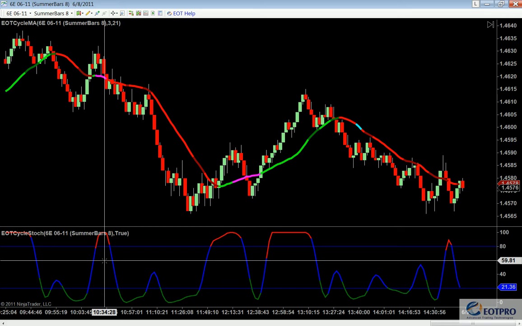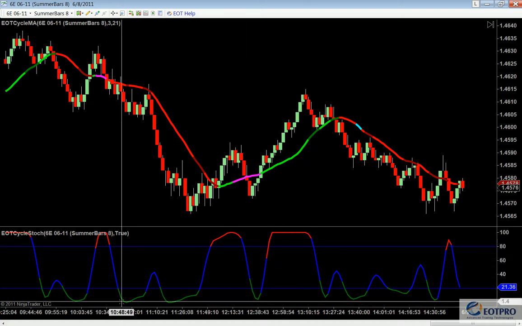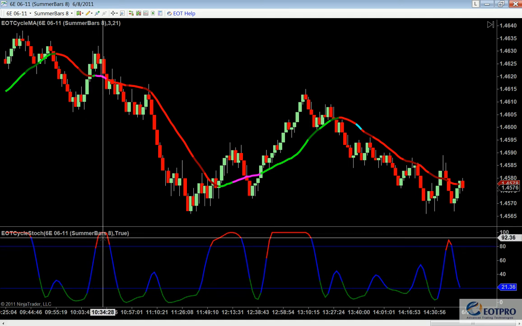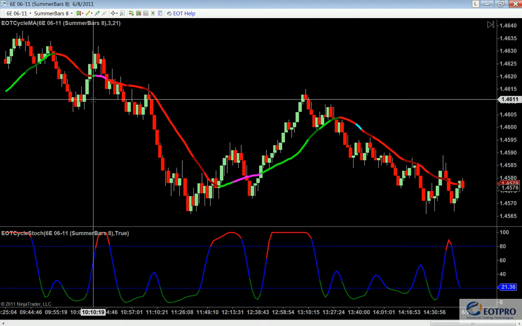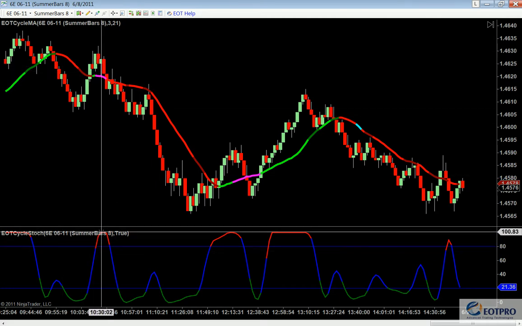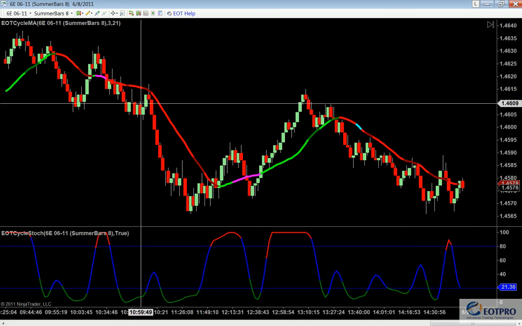The way that you would use something like this would be where you can see how it turns red and how it turns green. It's giving you areas that are highly overbought or highly oversold. If the moving average is red and the stochastics is red and everything hooks down together, it's a wonderful place to go short.